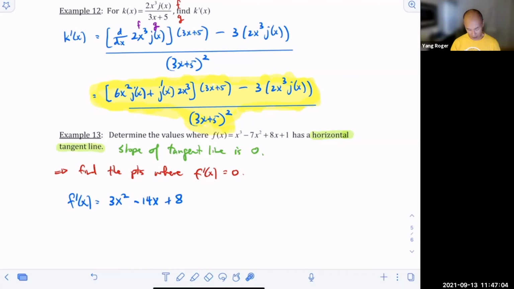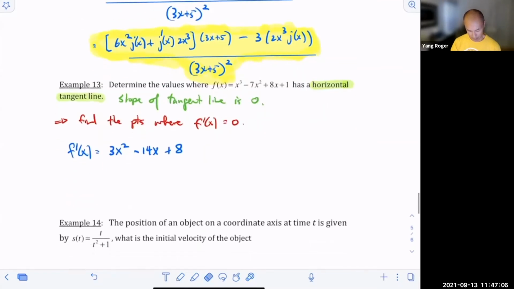Now I got to set this equal to 0. And we want to be able to factor this. So we know that when I multiply the first two terms together, I should get a 3x squared.